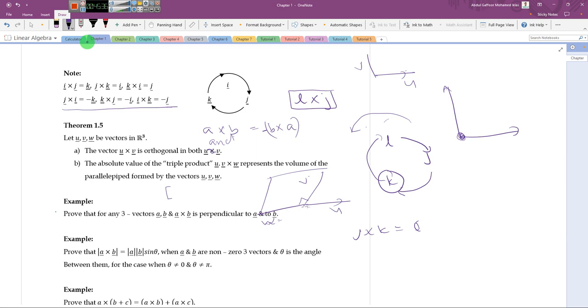So j dot j is equal to the norm of j times the norm of j times cos 0, because the angle between j and j is 0 as they are lying on the same axis. So this will again be 1 times 1 times 1 is equal to 1, and k dot k.